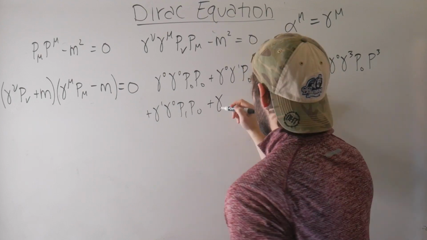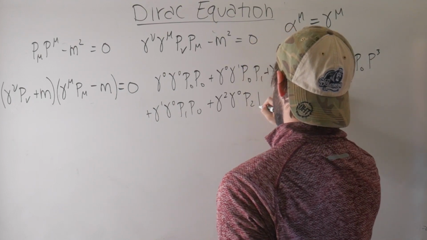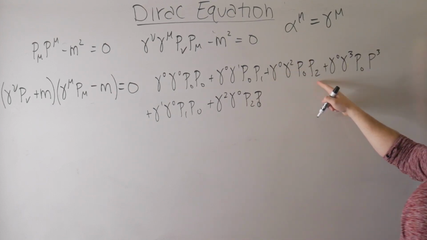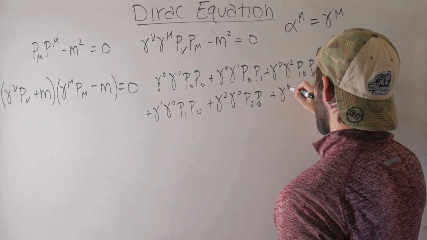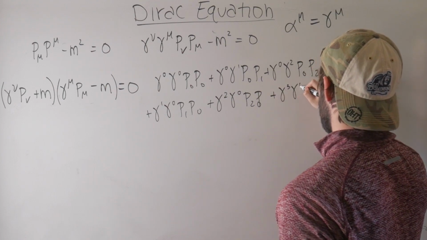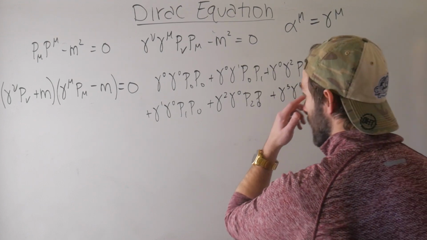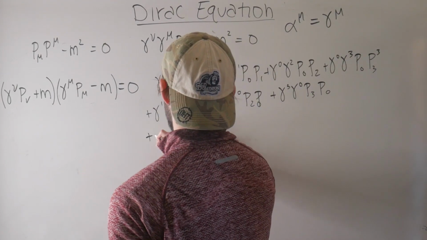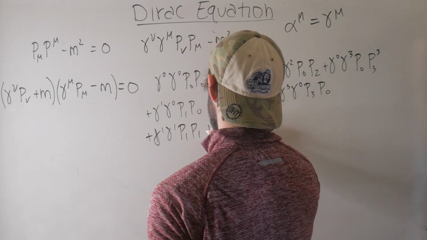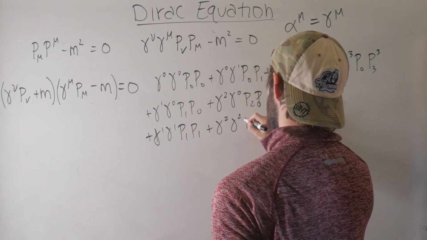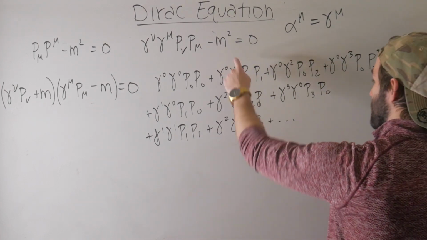See what I mean by brute forcing your way through this? This is gamma 2, gamma 0, p2, p0. This should have a, what am I doing? 3 here, sorry. Plus gamma 3, gamma 0, p3, p0, and we've also got our like terms, so we've got plus gamma 1, gamma 1, p1, p1, plus gamma 2, gamma 2, p2, p2, plus dot dot dot, and then our minus m squared at the end.